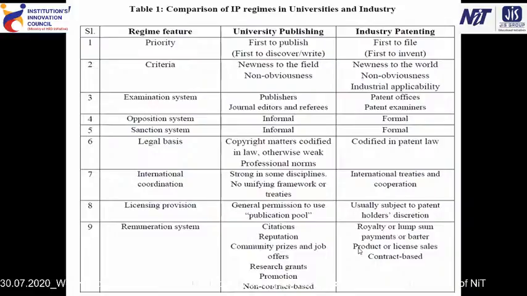The user is subject to the patent holder's discretion. Finally, remuneration is creation, reputation, community prizes, and also job offers and research grants. But here it is royalty or lump sum payments or a share of the license sales under contract. Here industry patenting is far different from university publishing.